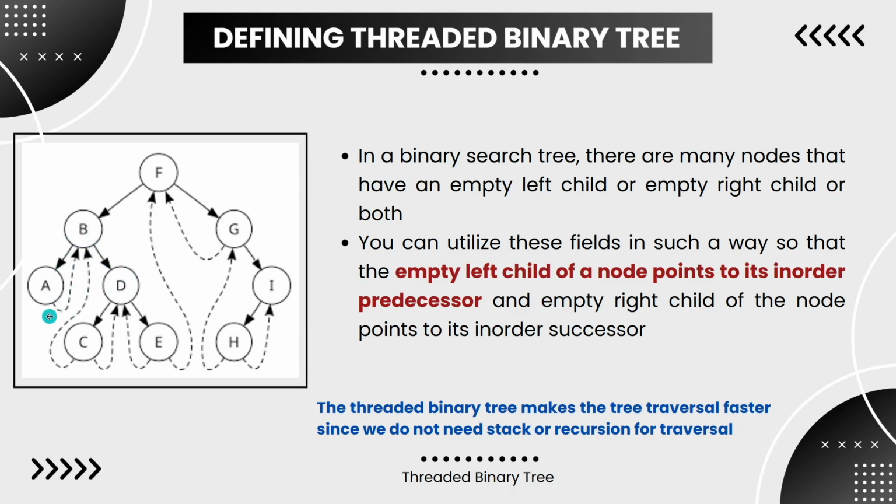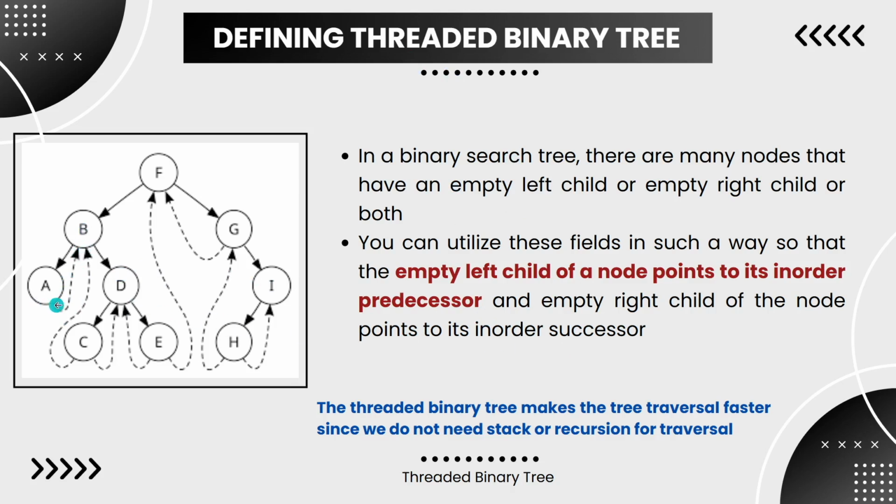Instead, as node A's right pointer is free and has a value of null, we are going to replace it by its successor. A's successor is B, and so we are going to have a pointer to B. This is the replacement we make with the help of threaded binary trees.